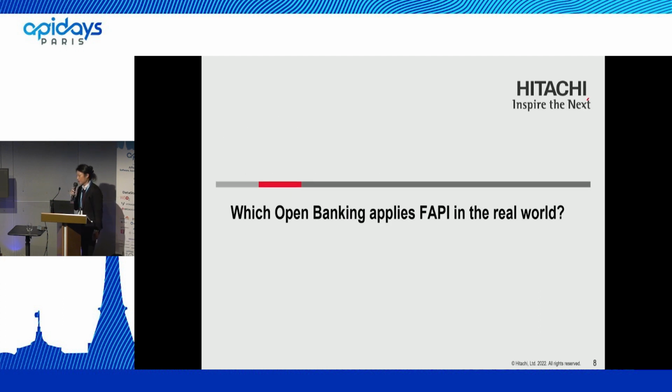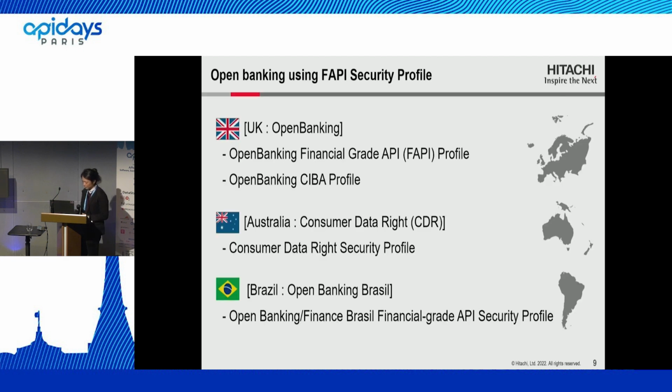So next, I'd like to talk about the open banking use cases that actually apply FAPI security profiles in the real world. As far as I know, there are 3 such open banking use cases: UK open banking, Australia consumer data rights, and Brazil open banking, or open finance Brazil.